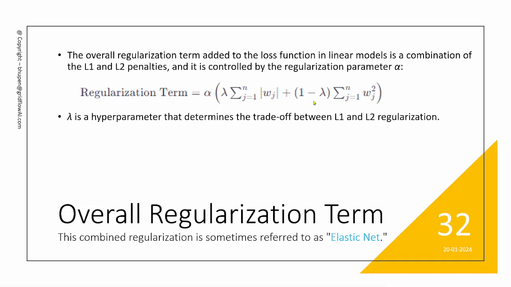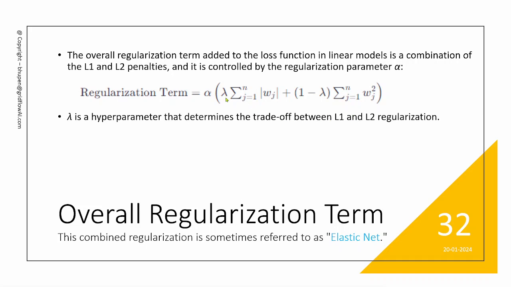And lambda is an additional parameter, which is basically an L1 ratio. It's simply saying how much of L1 and how much of L2 we need to add. So if lambda is 40%, 0.4, then this regularization will be 40%, and this will be 0.6. Again, these are configurable parameters.